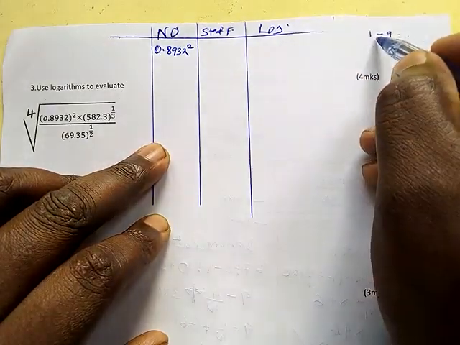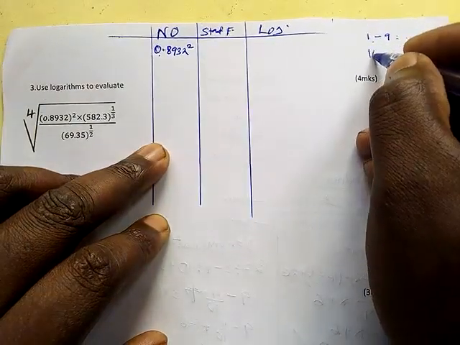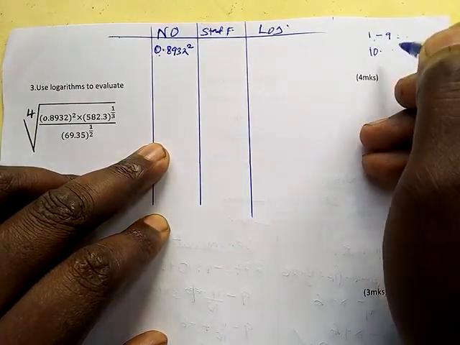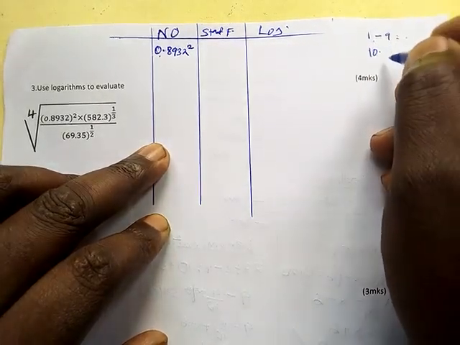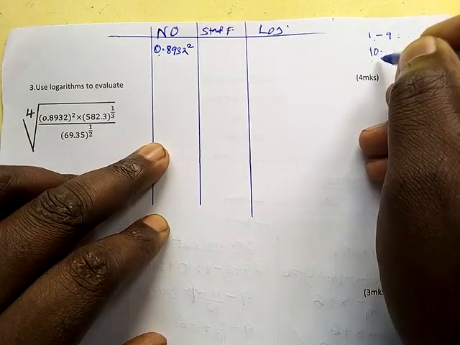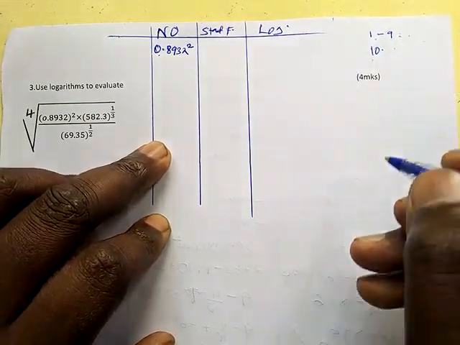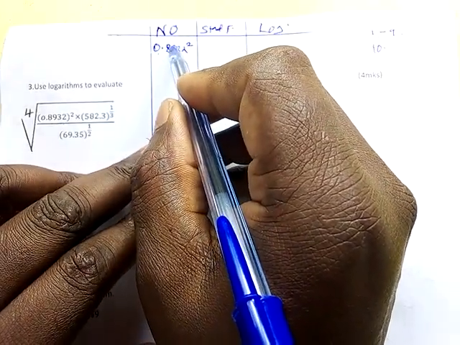A number cannot be in standard form when it is 0 point, and a number cannot be in standard form if it is 10 point. For a number to be in standard form, it should have a number between 1 and 9. Therefore, let us make this number have a number between 1 and 9.